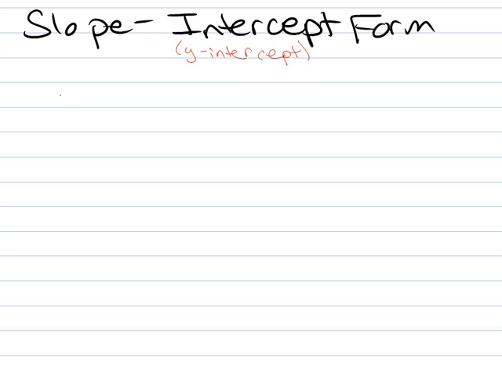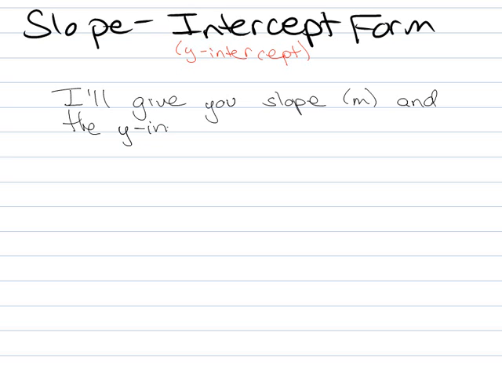So basically the idea is, I'll give you the slope, which is m, and the y-intercept, and maybe you'll remember what letter we used for that if you've seen this before. The letter here is going to be b, and you give me the equation.